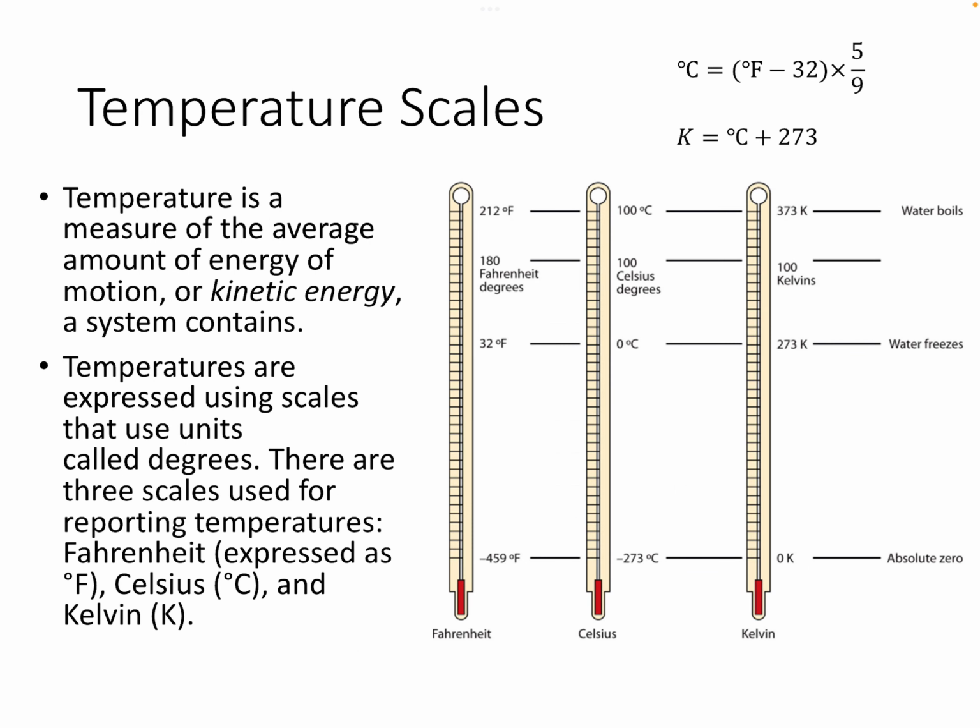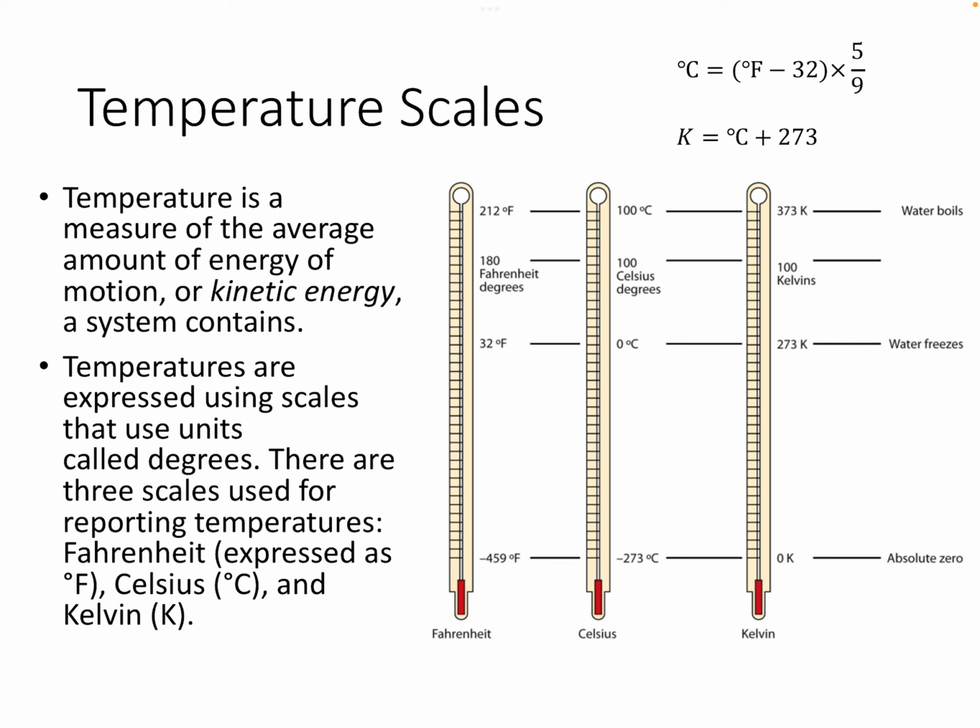Now, we do have 3 different temperature scales that we can use. In the US, we use Fahrenheit. Most of the rest of the world uses Celsius, and Celsius makes a lot more sense when we break it down. And then there's one other unit of temperature, the Kelvin scale.